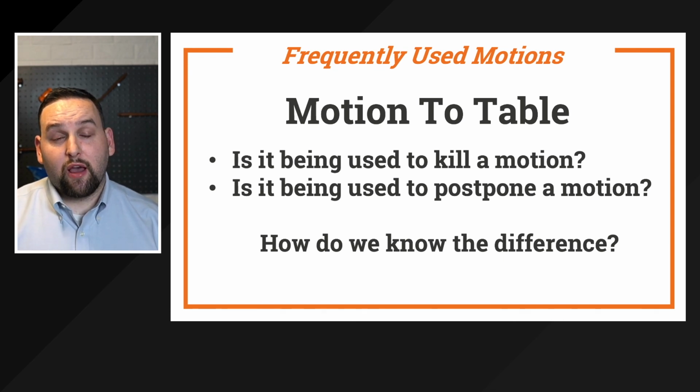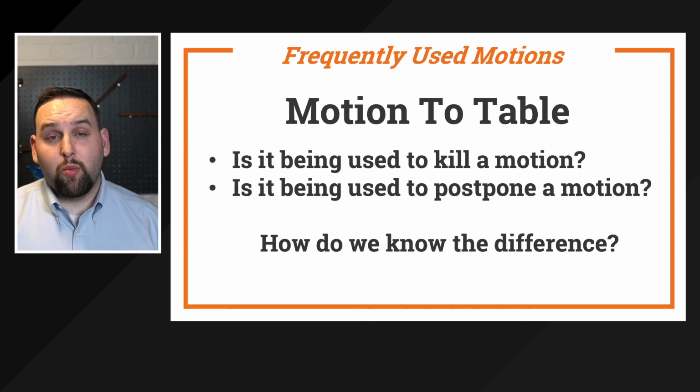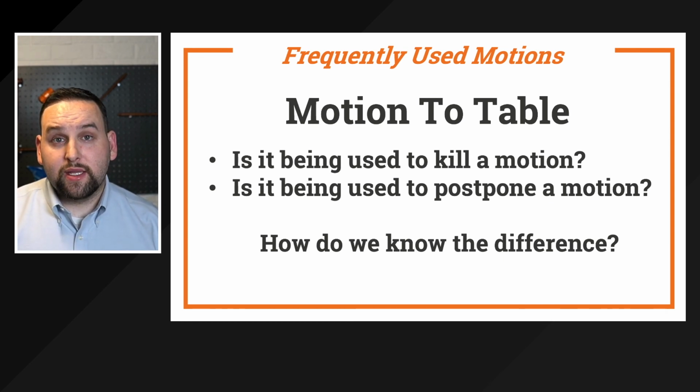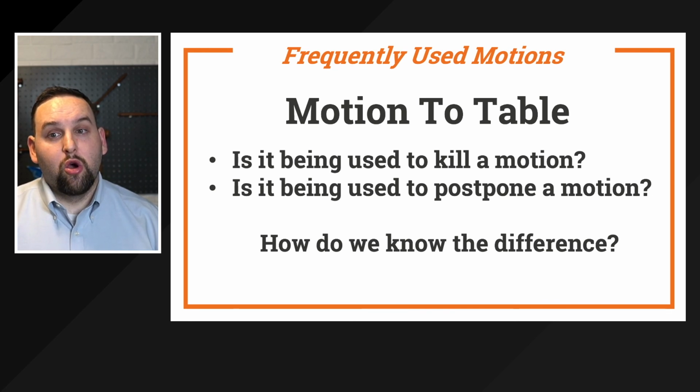And if a presiding officer or a chairman or president of a board hears a motion to table, it's completely appropriate for that presiding officer to ask, what's the immediately pending question or matter that needs to come before the assembly? Or simply ask to clarify, are you wanting to kill this motion, or are you truly wanting to postpone it? And then clarifying that the motion should either be the motion to postpone indefinitely or the motion to postpone to a certain time.